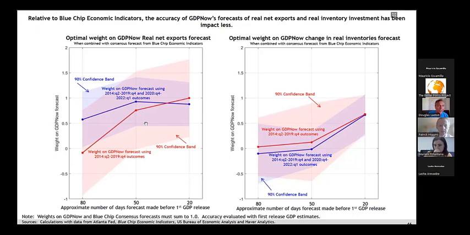So I had 2 comments, Patrick, okay? One is, it must be possible to set the model up where you could not only ask what weight to put on Blue Chip or something else that you have a track record on, but you could also set up the model so that you could say, how would I adjust the components of GDPNow to be consistent with placing a weight on this?